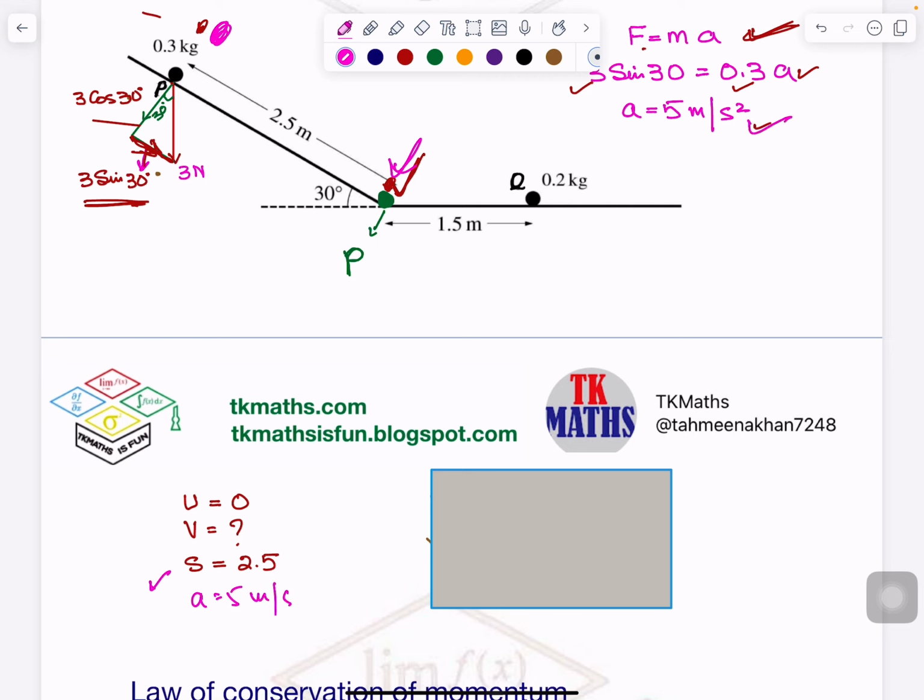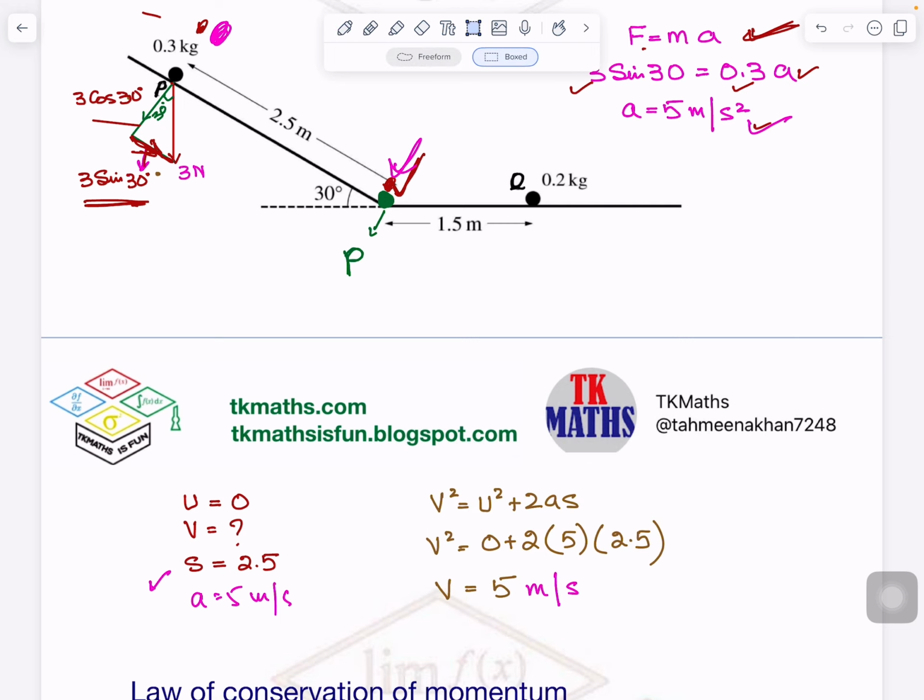So which constant acceleration formula can you apply here? So v squared equals u squared plus 2as. So solving this will give you that velocity of particle P will be 5 meter per second. So when it will reach here at this point, the velocity will be this.